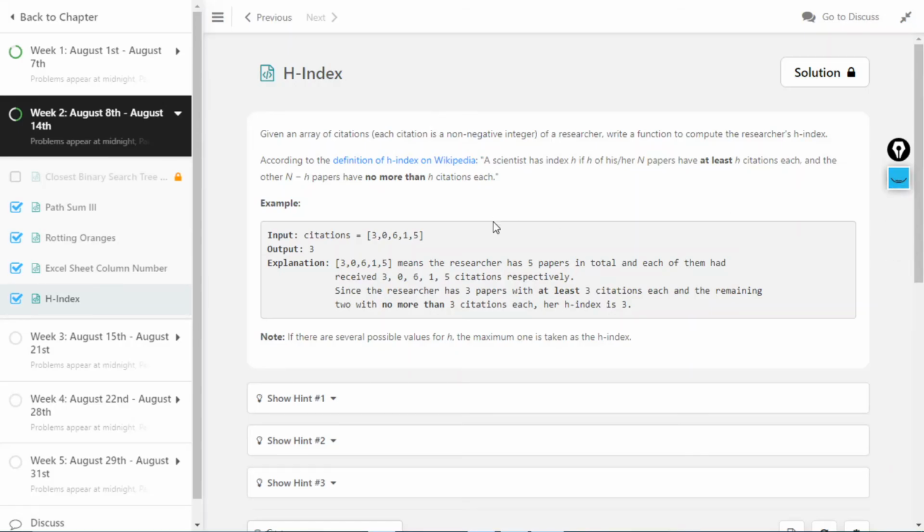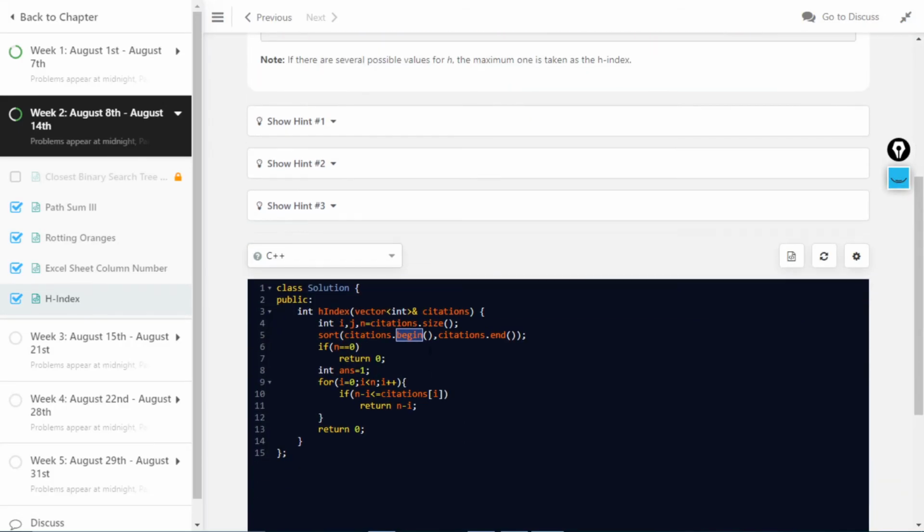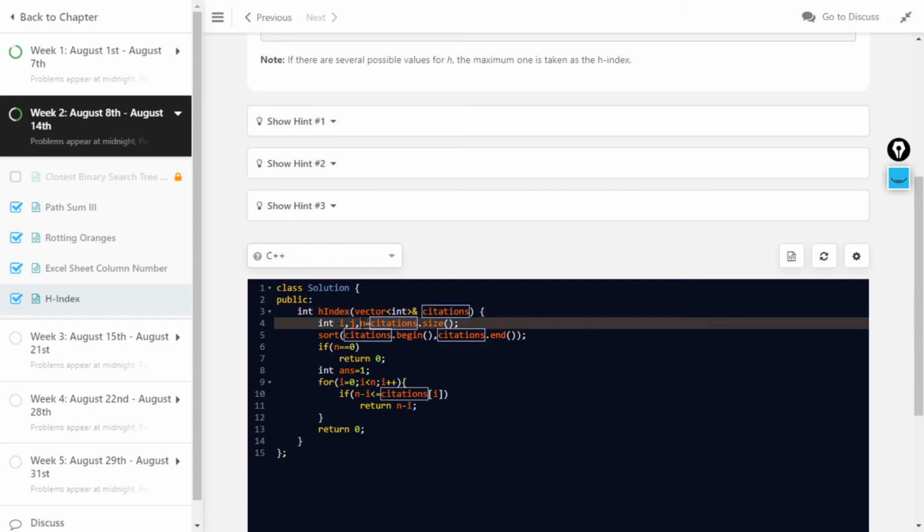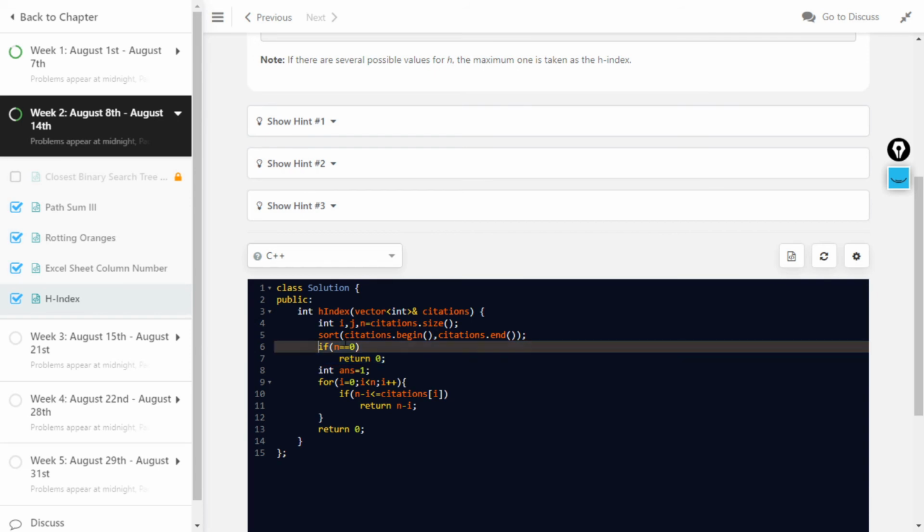Now let's see our solution. It is a very simple solution. First of all, I have taken the input, which is already coming, as a variable. Now I have calculated the size, and two variables i and j. If n is equal to 0, then we return 0.